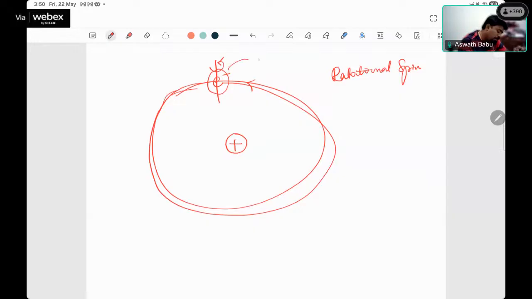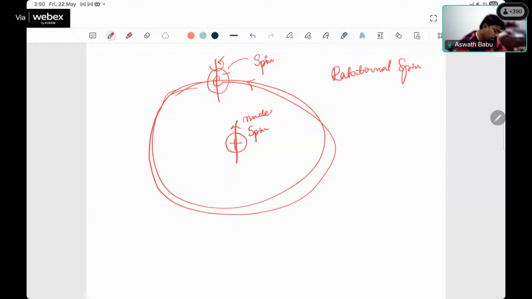That is going to constitute just a spin due to its own rotation about its own axis. Same story would also apply for the nucleus. There is also nuclear spin.